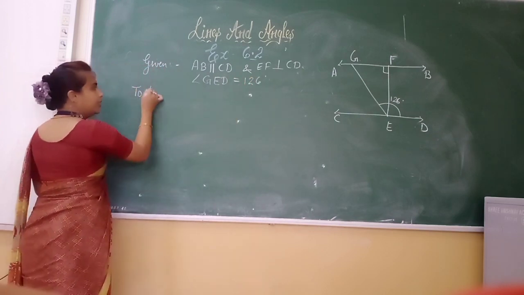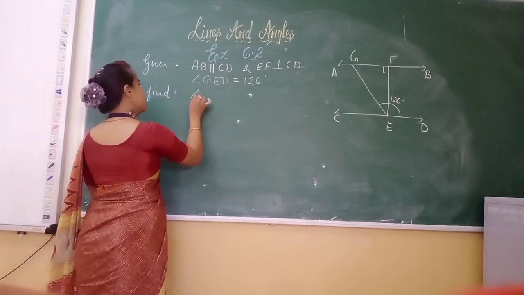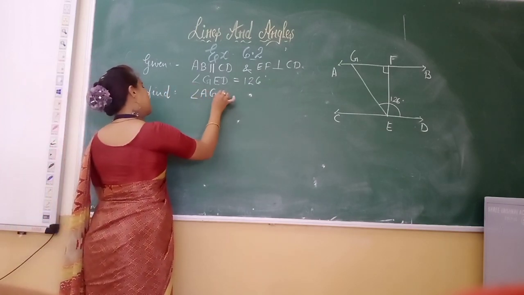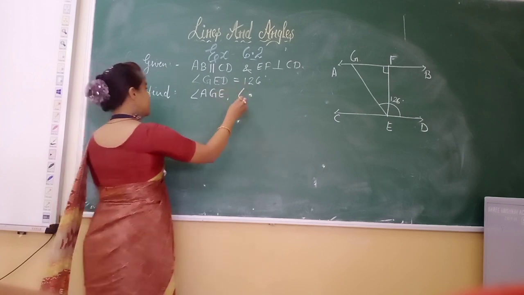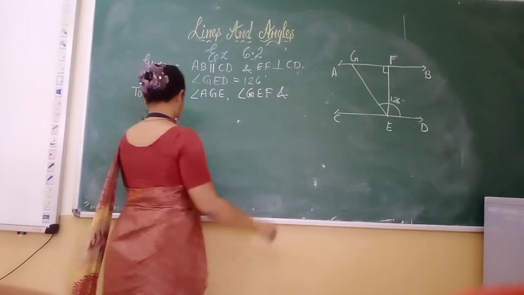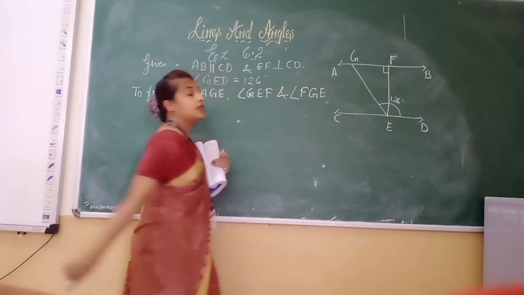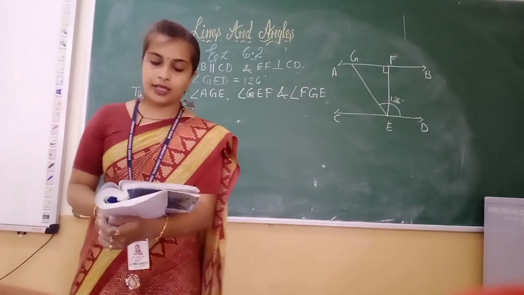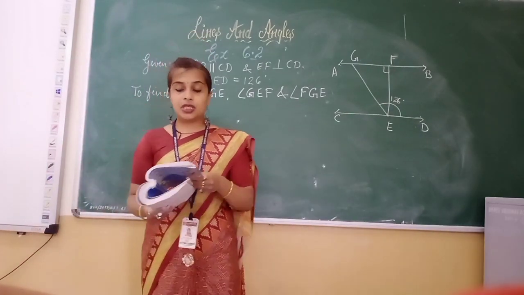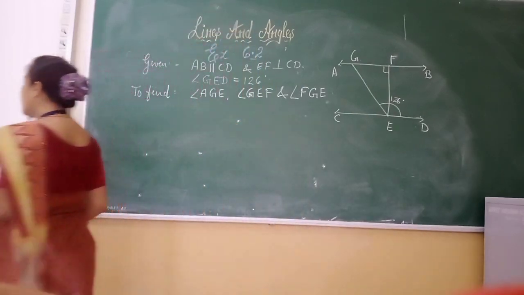We have to find angle AGE, angle GEF and angle FGE. ये तीन वैल्यूज हैं जो हमें फाइंड करनी है. That is angle AGE, angle GEF and angle FGE.